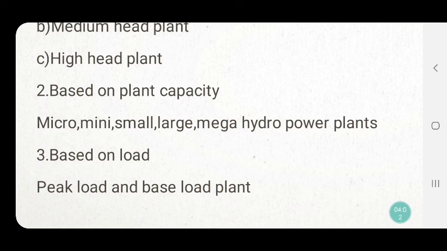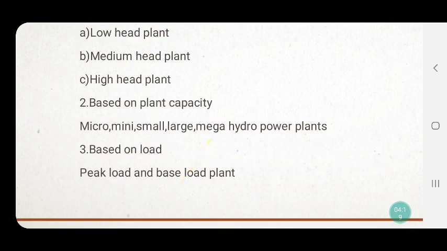Next is the mega hydropower plant, where the power generated is very high in terms of megawatt. So micro has less capacity and mega has more capacity. Capacity means generation of electrical energy.